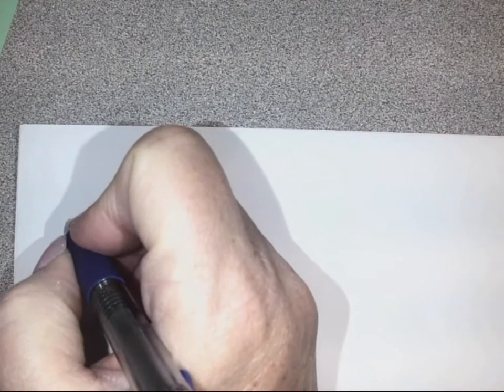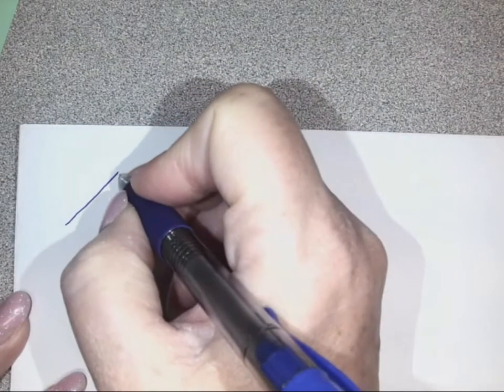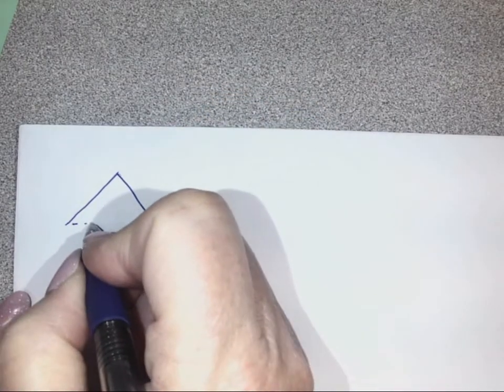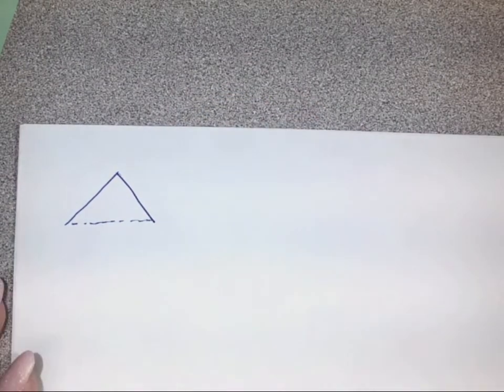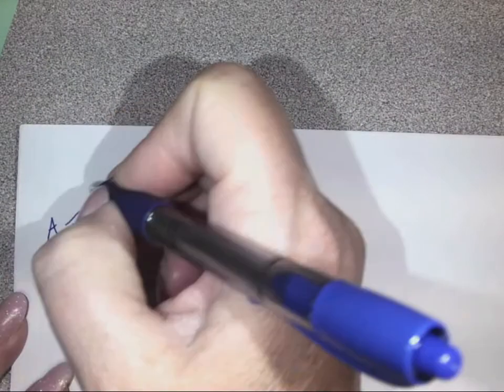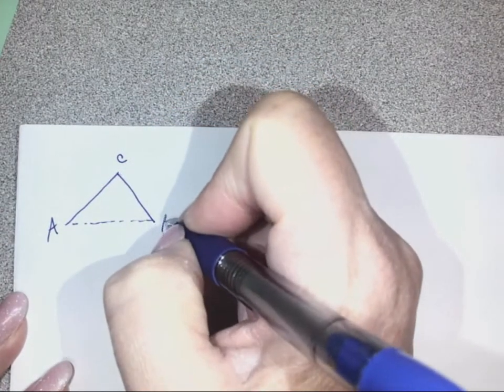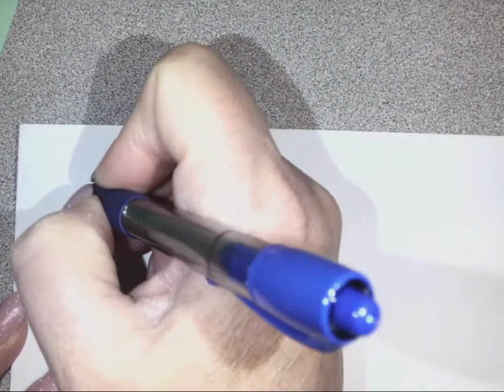Just so you have an idea of what we are talking about. All right, so we're going to solve a triangle here. And it's going to be a dashed line there, and we've got A and C and B, so little c, little a, little b.